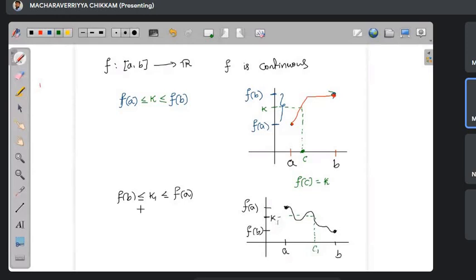That is, there exists a c1 which belongs to the interval a comma b, such that the image of c1 is nothing but k1. Now you may ask why you are discussing this result now. Because our main intention is this.